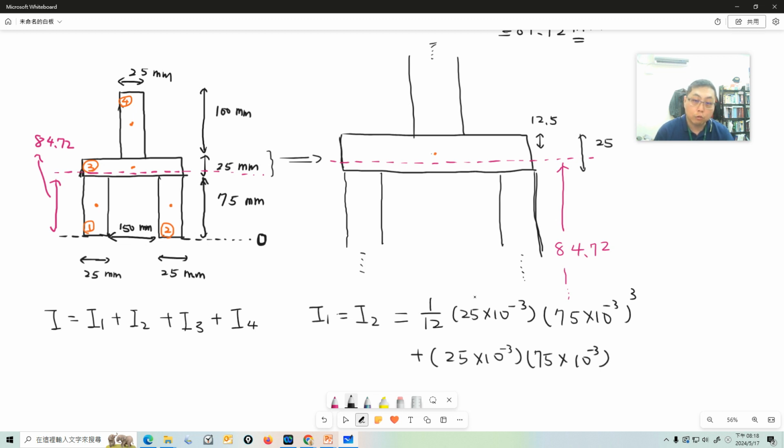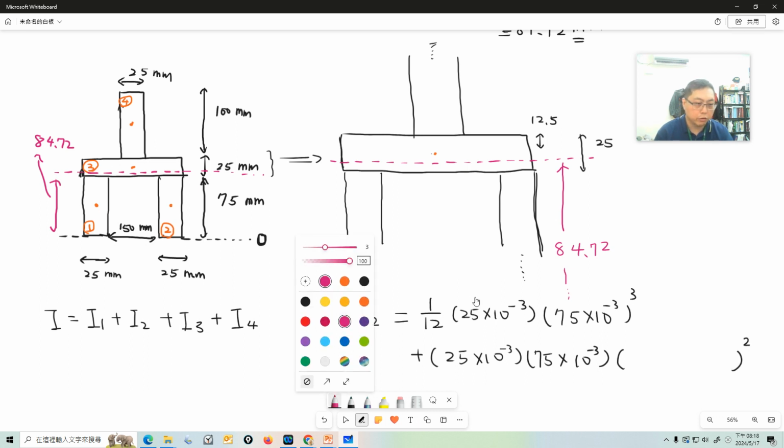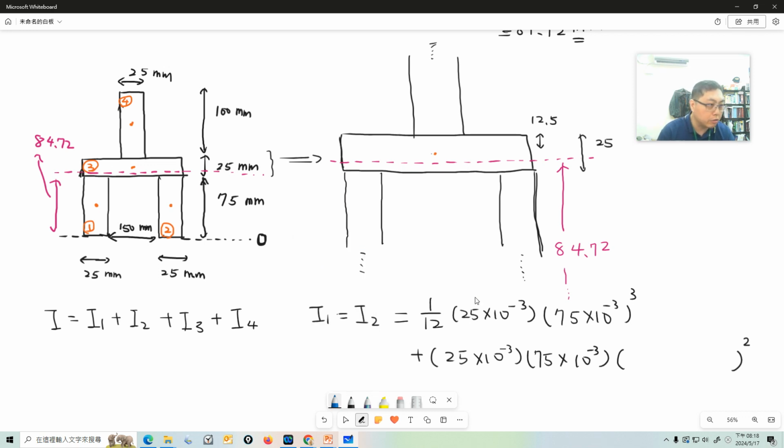And also d squared. What is d? d is the distance between your centroid and your neutral axis. So be careful, it's a very important question. Here is your d.